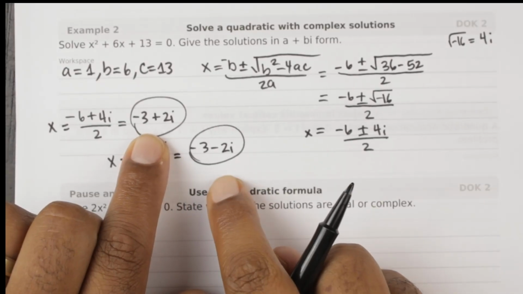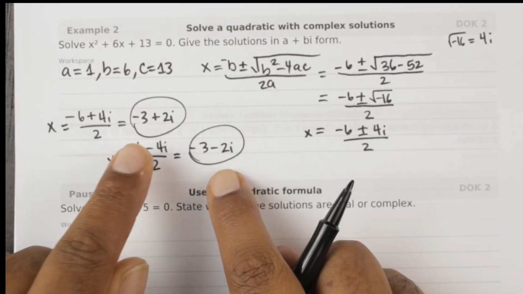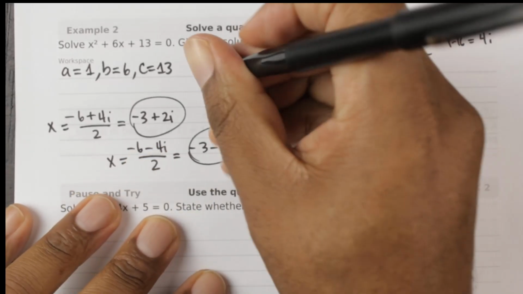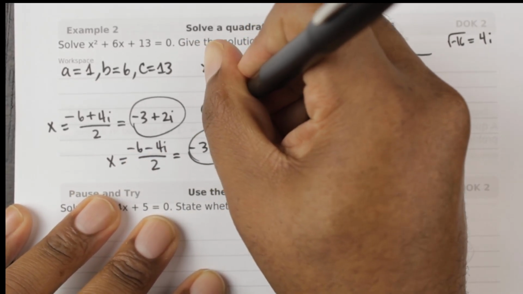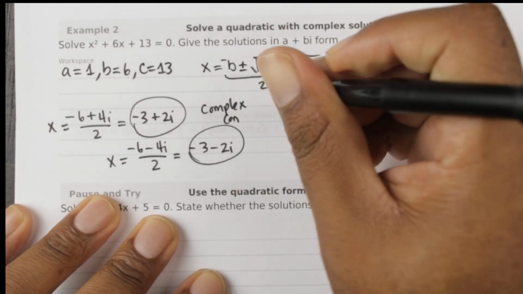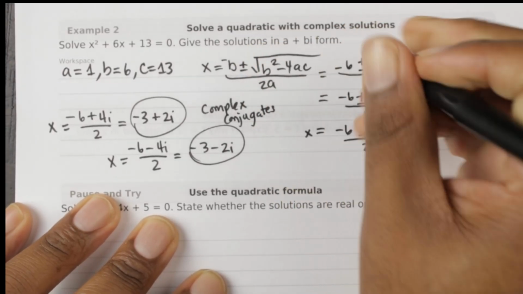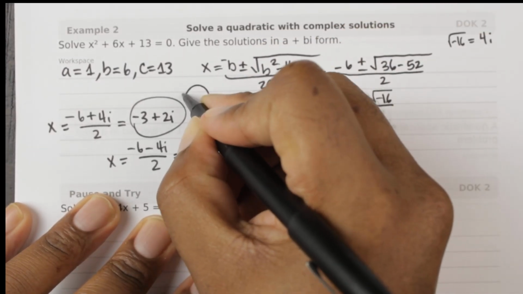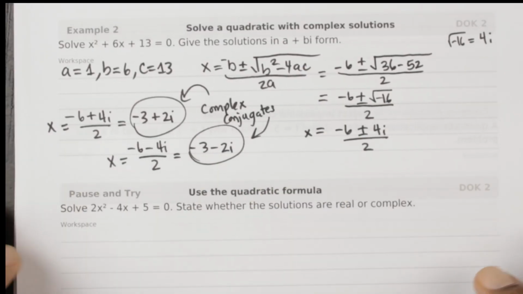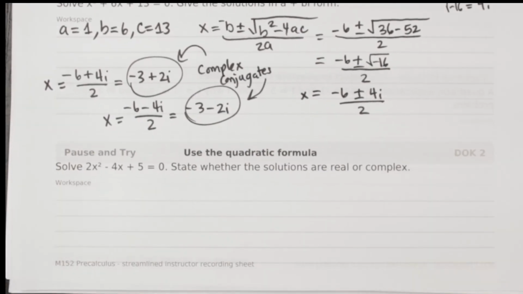And again, these are called complex conjugates. Now pause the video and try the problem at the bottom.